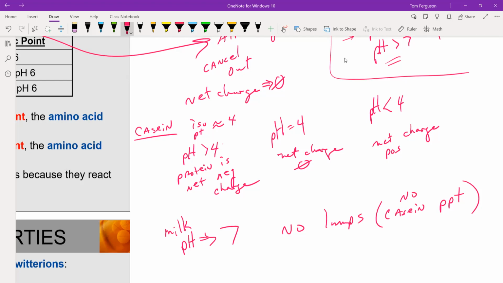Why? Because the protein is negatively charged. Therefore, soluble in water.